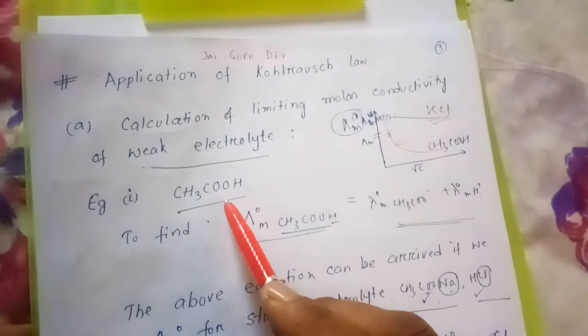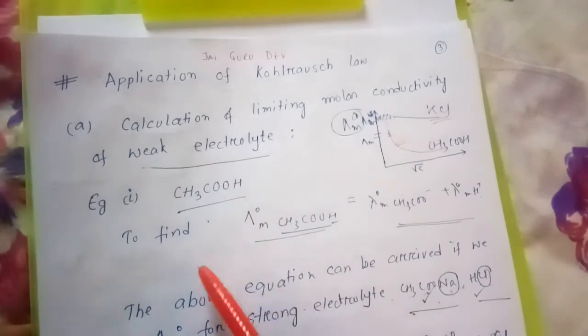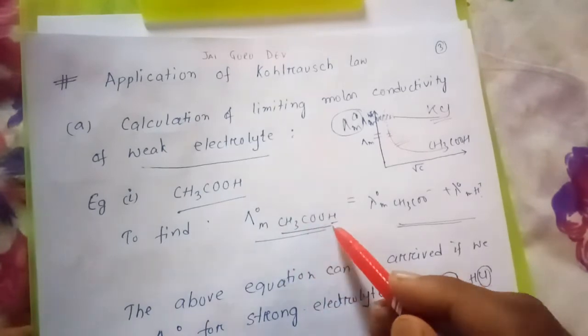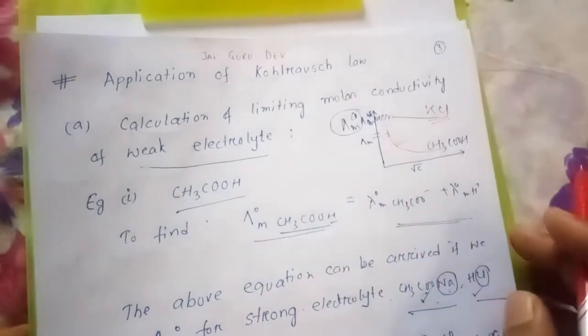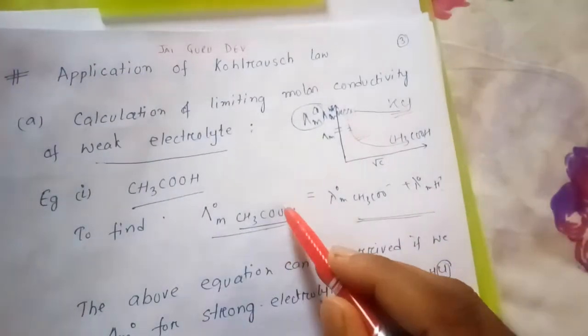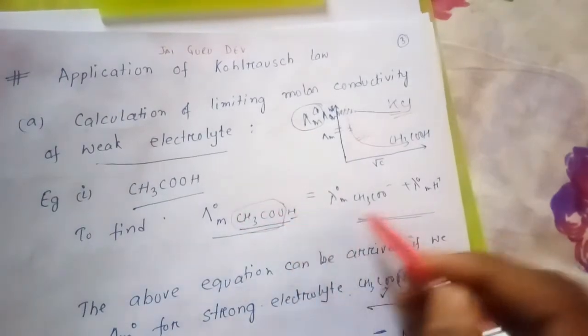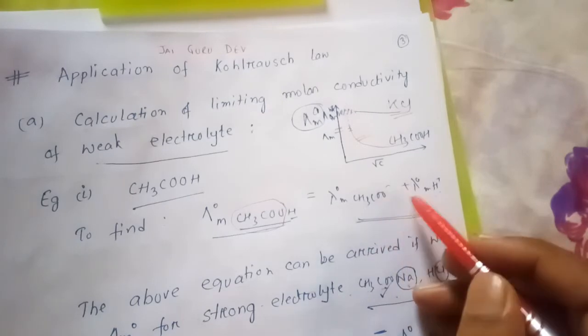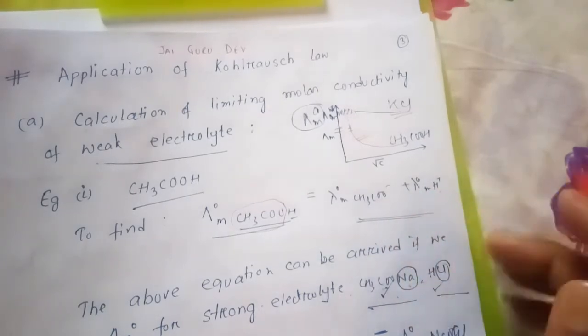For example, the weak electrolyte we have taken is CH3COOH. To find the limiting molar conductivity of a weak electrolyte such as CH3COOH, which can be written as the sum of CH3COO negative and H positive, the limiting molar ionic conductivity of CH3COO negative plus the limiting molar conductivity of H positive.